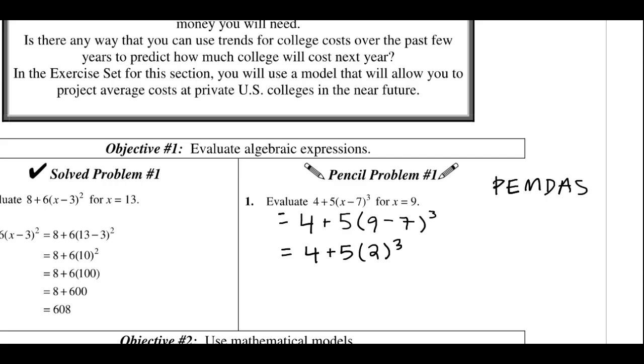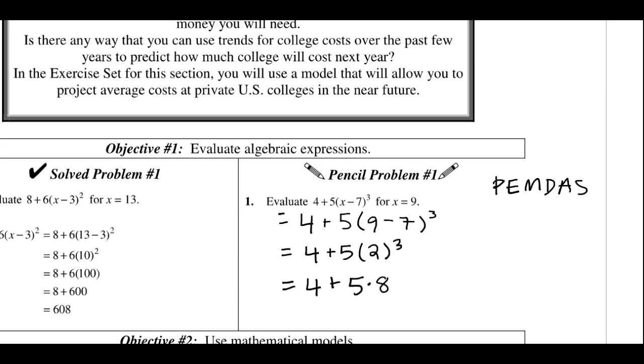to the third power. Now the next thing in order of operations is exponents. So we want to raise 2 to the third power. 2 to the third power is 8, so we have 4 plus 5 times 8.